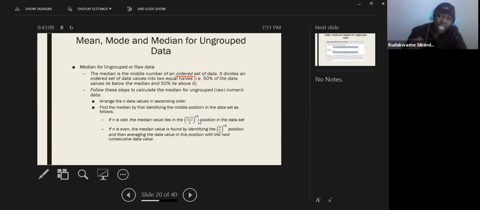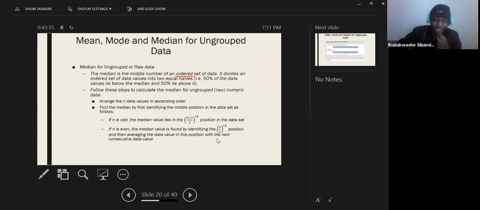But in a case where your sample size is even, what you do is first identify this n over 2 position. In this case, let's say there were 8 students that wrote. So our n over 2 will be 4, which is the fourth position. Then, when you identify the fourth position, you take the next highest position.